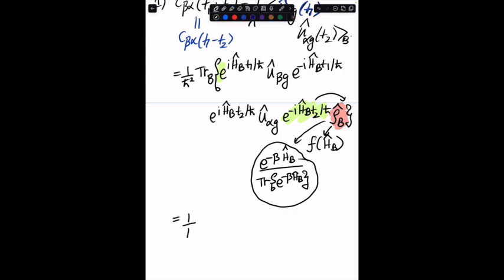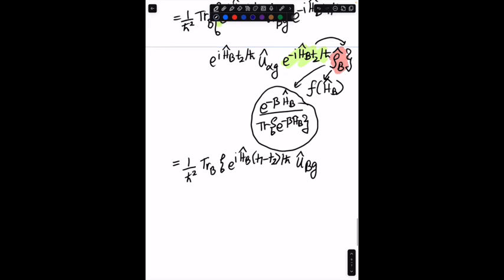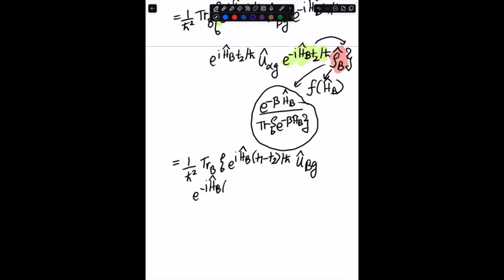So you get 1 upon h bar square, trace over bath, and then you have e raised to the power i H_B (T1 minus T2) upon h bar, you had beta g, and then you have e raised to the power minus i H_B (T1 minus T2) upon h bar, you had alpha g rho_B.